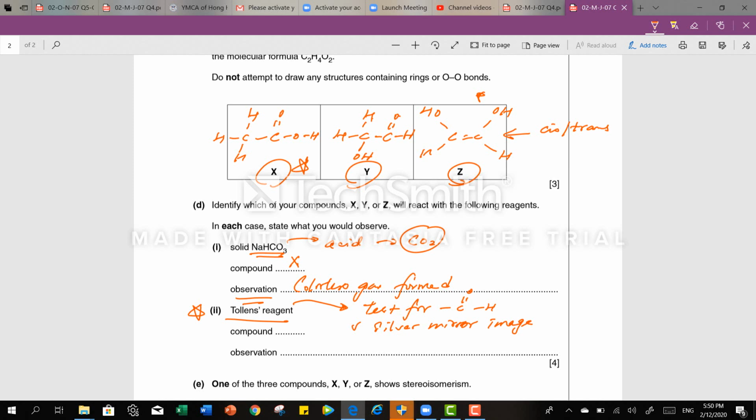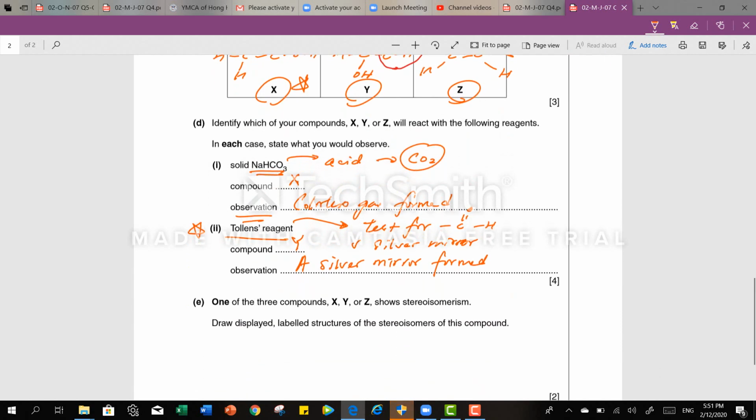You basically can see yourself from the silver mirror. So we call that a silver mirror, okay? Now when you look at X, Y, Z, which one is the aldehyde? I bet you know the answer already. So this is the aldehyde, right? So the answer will be Y. And then you can say silver mirror formed.